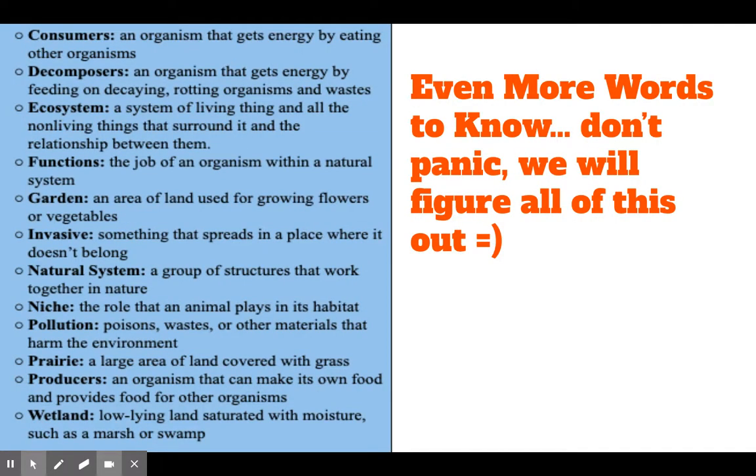Oh my goodness, look at all these words. We're just going to glance at them. But consumers and decomposers. Consumers eat other things. Decomposers feed on dead things and rotting things and get rid of them. And then, you have other types of things that are producers. Producers make their own food and they provide food for other things. So consumers will eat producers.